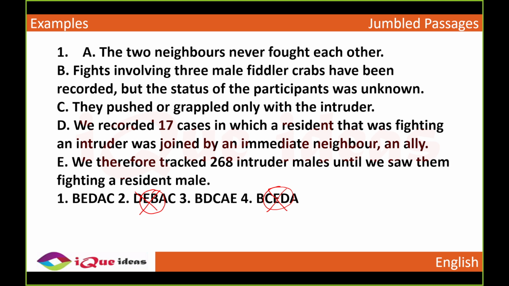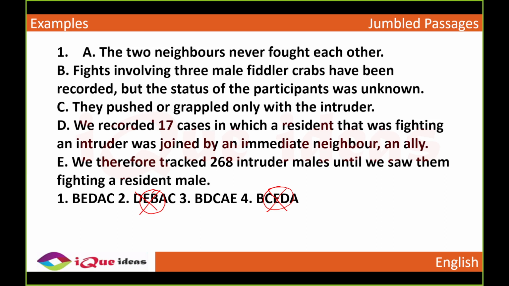So between E and D, in D we are talking about cases in which the fight is already going on, and in E, it says first you're tracking something and then you see them start the fight. So obviously, you will first track an object, you will see them fighting, and then you will talk about the details of the fight.